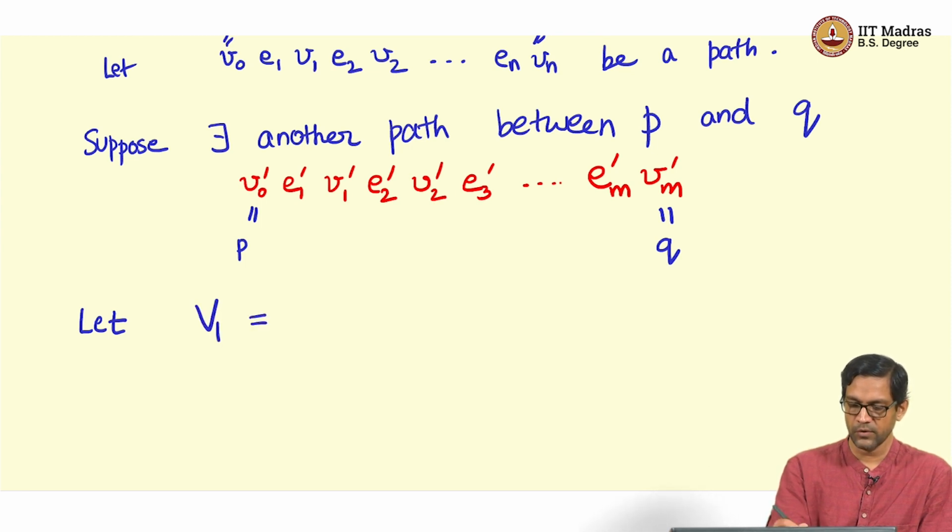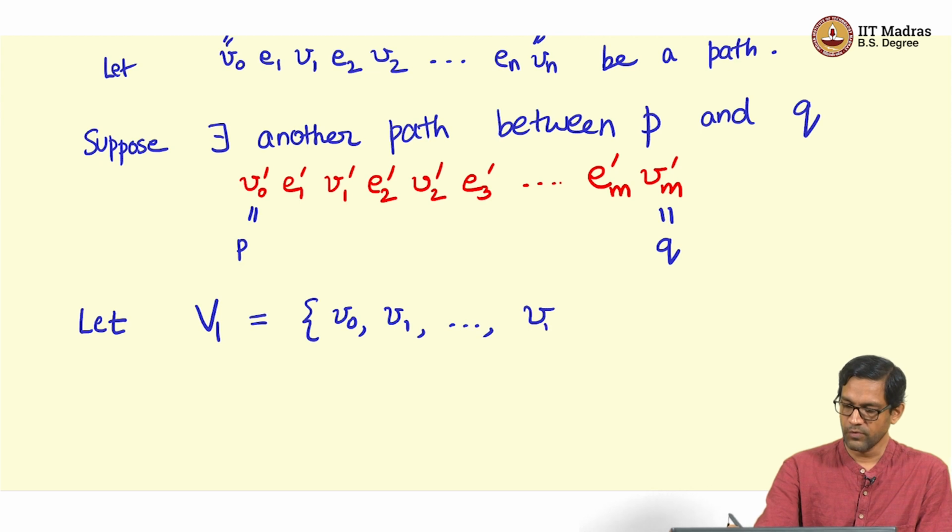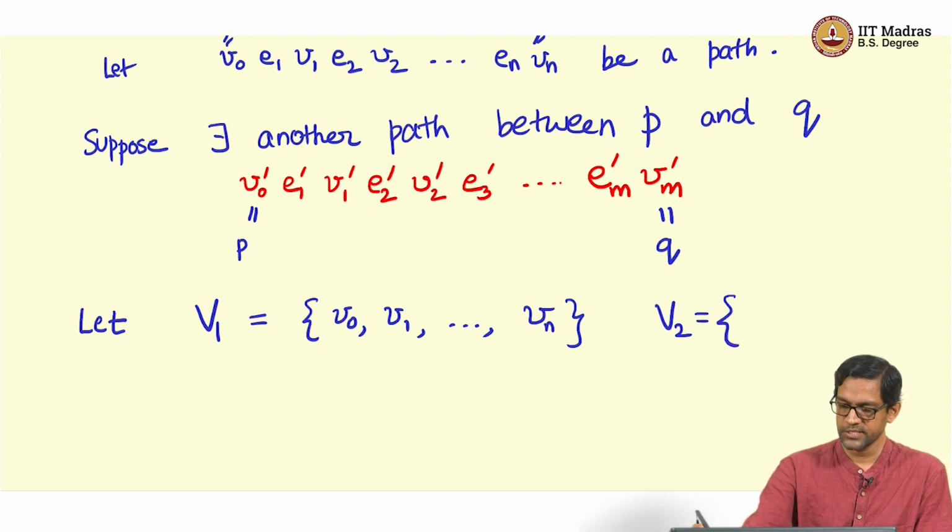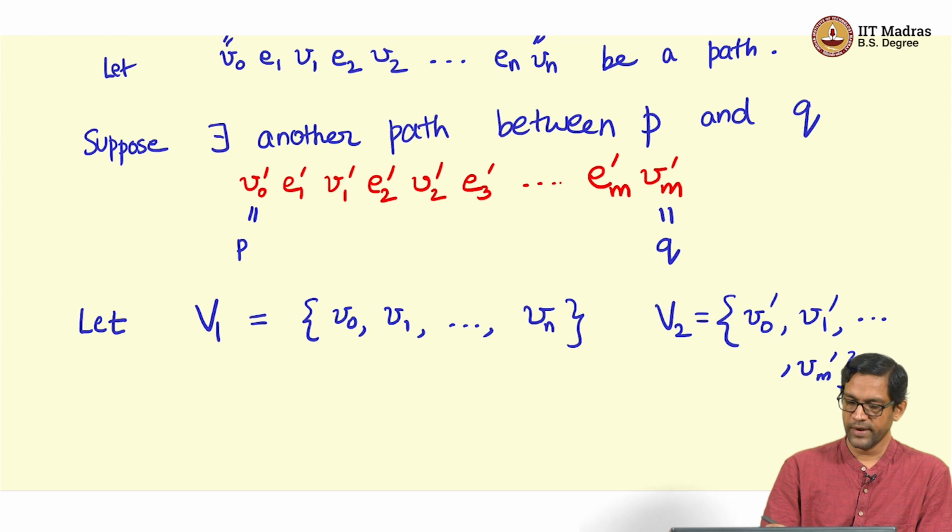Let V1 denote this set of vertices, V0, V1, up to Vn, and let V2 denote the vertices that occur in the second path: V0 prime, and so on. Observe the two ends are the same.